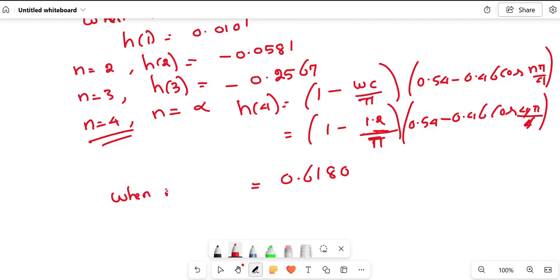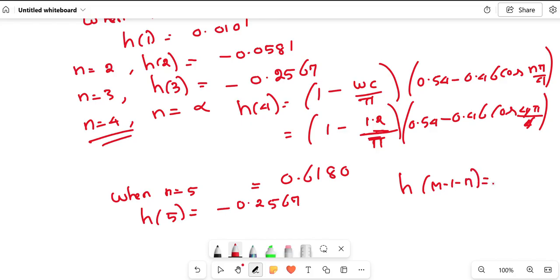When n is equal to 5, h of 5 will be h of 3, minus 0.2567, because we know h of M minus 1 minus n is equal to h of n.